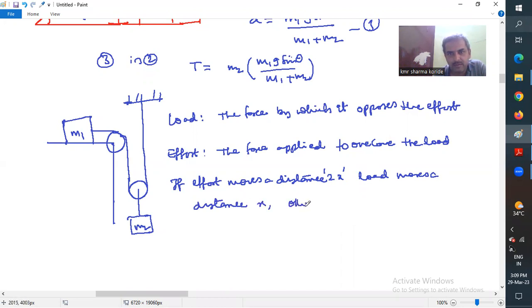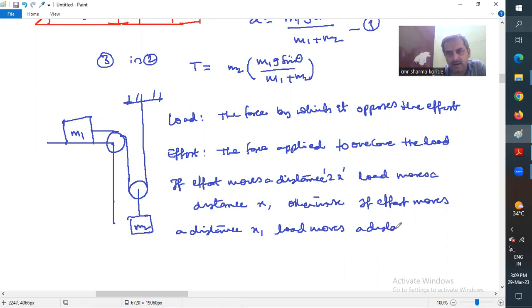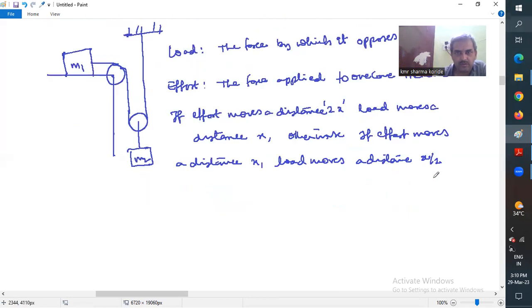Otherwise, if effort moves a distance x, load moves a distance half of it, so it is x by 2. So now the distance moved by the effort is 2x1, that is equal to the load moving the distance x2. You treat this as x1, this is 2x.